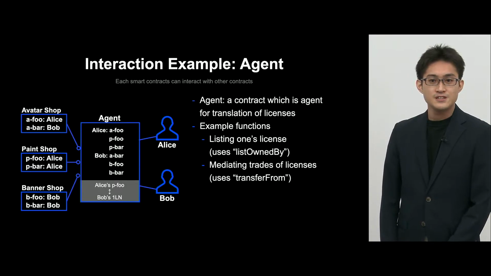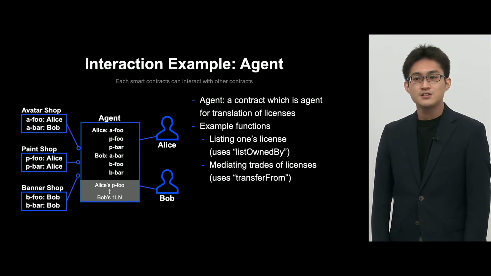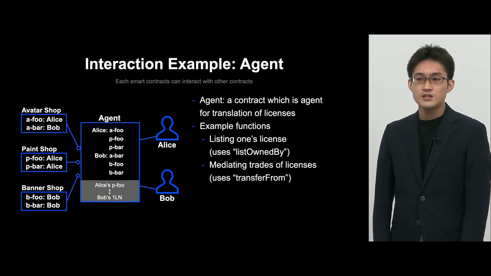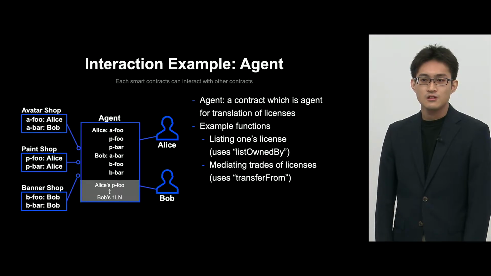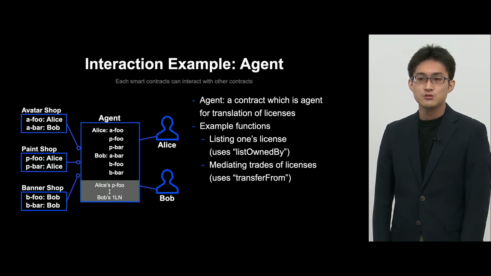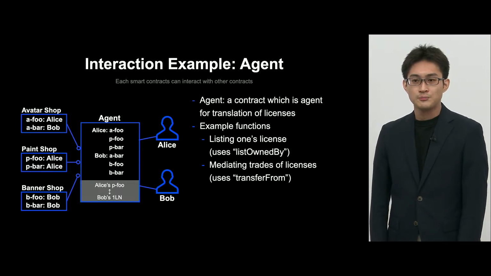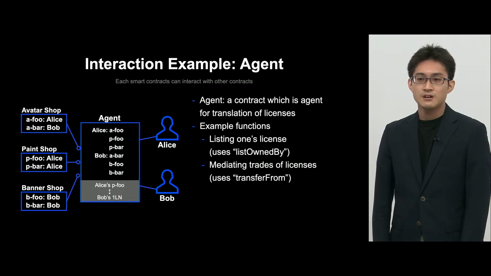So here is the agent, which is an example of such a contract. At the top, from the various license shops, the agent would collect the information and return the list of the licenses to the user. By calling the list owned by of each shop, you can aggregate that information to implement this.